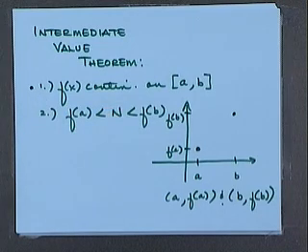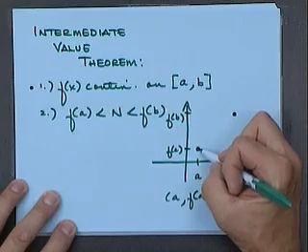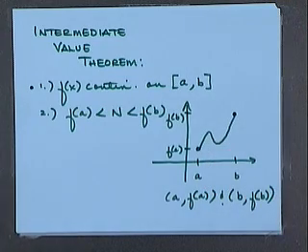So I have to connect my two dots somehow. Straight line, curve, doesn't really say. I just have to be able to connect them. So let's say it just, I don't know, something. I'm connecting them. I've got to connect it because it's continuous.